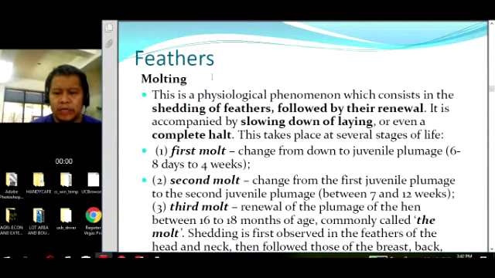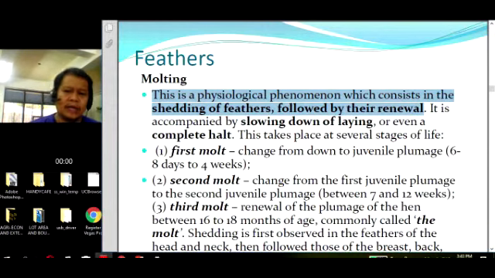So the other topic worthy to be mentioned on feathers is the molting. Molting in layman's terms in Bisaya is nangarol o nag-ilis og balhibo. Okay, this is a physiological phenomenon which consists in the shedding of feathers, tanggal ang mga feather, then followed by their renewal.